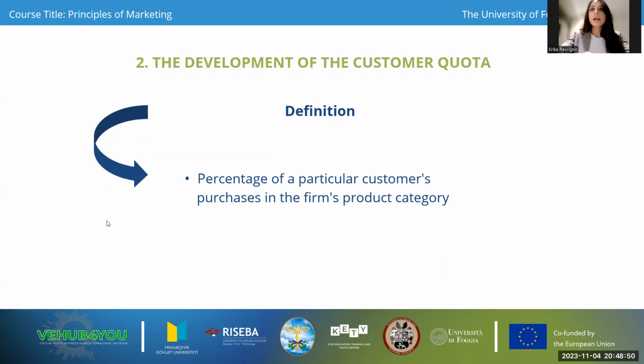So the customer quota is a term that is associated with the degree of satisfaction and loyalty with the products of a company. If the client has positive opinions, these will have an effect on attracting other clients and also increasing their share of purchases in the company. If, on the other hand, a customer decided to make bad reviews about the business or the product of that business, they will not buy from that business again.